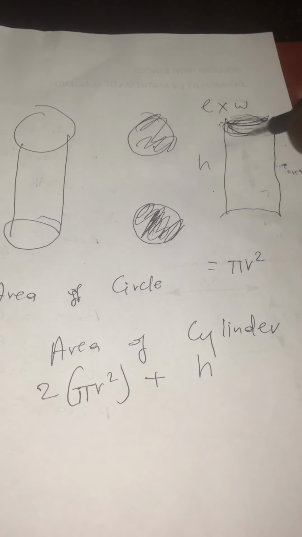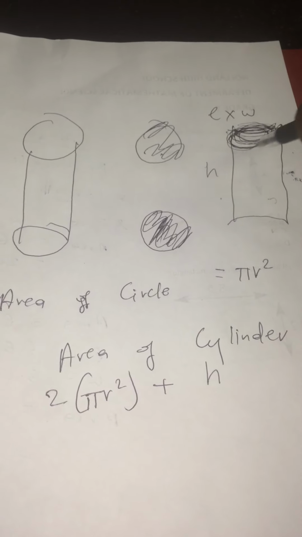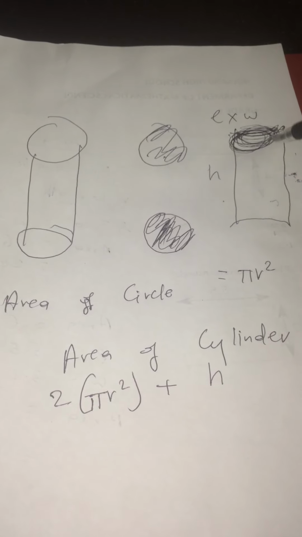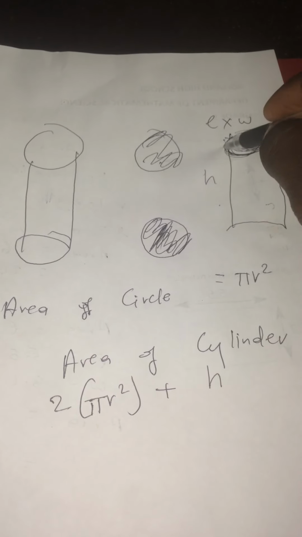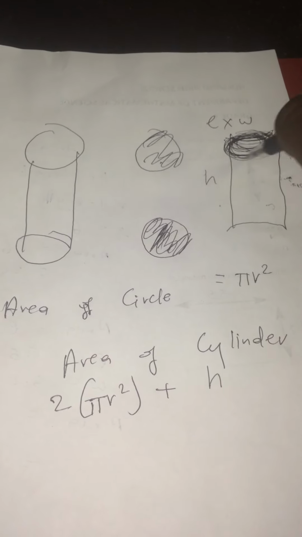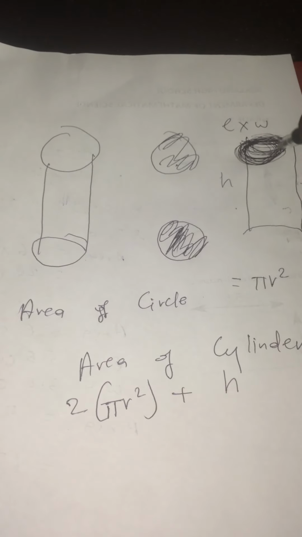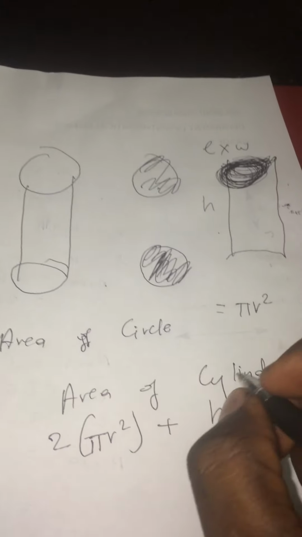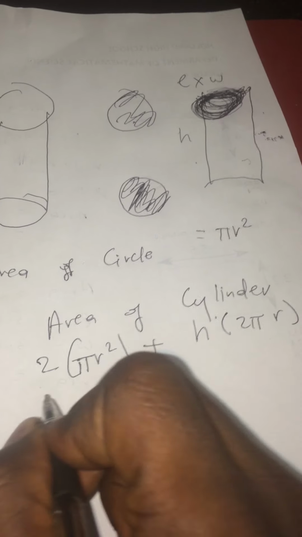And since this is actually a can, we know that we can find the width here by finding the circumference around the top of the can. To find the circumference, we're going to use the formula 2 pi r, or we can use the formula pi d.